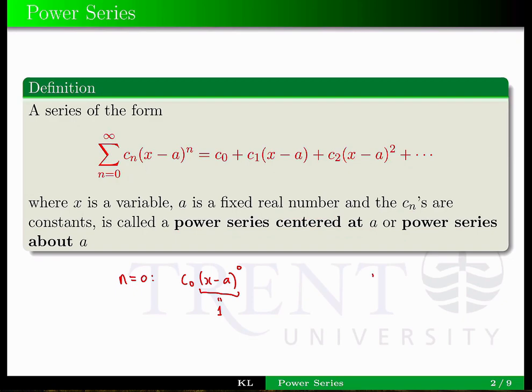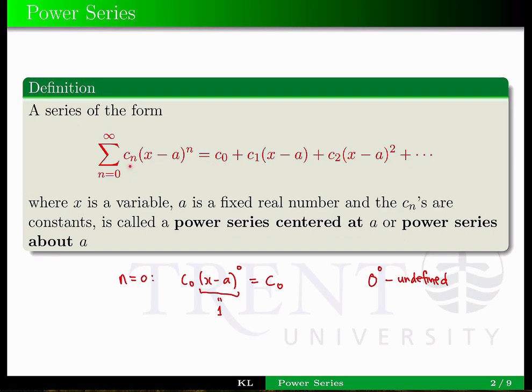Take note, 0 to the 0, for us, this is undefined. So, in the definition of a power series, when n equals 0, we have c sub 0 times (x minus a) to the power 0, or simply we just write this as c sub 0. That's what we see in here.